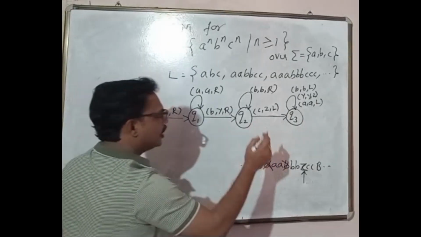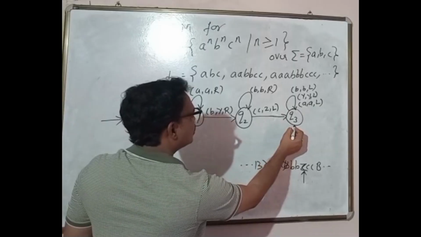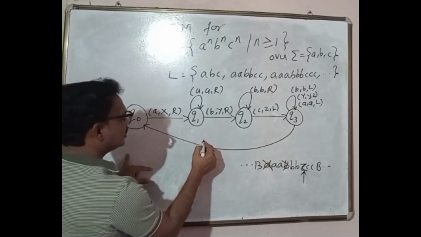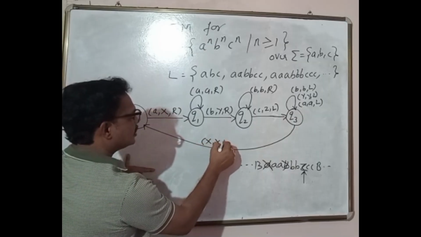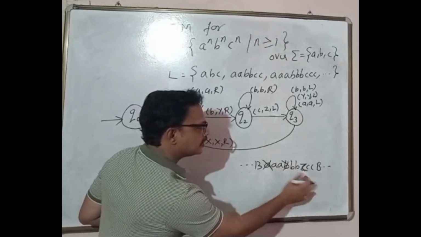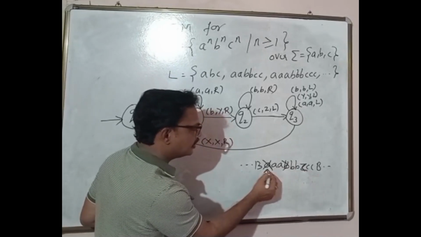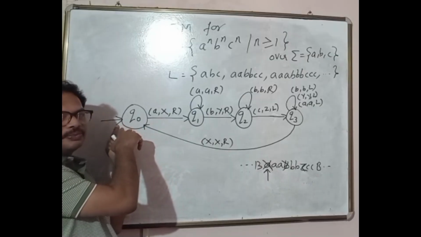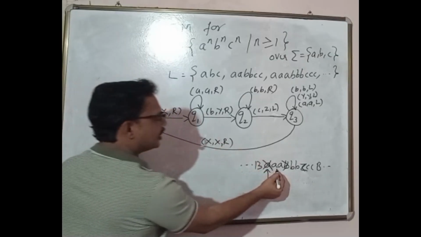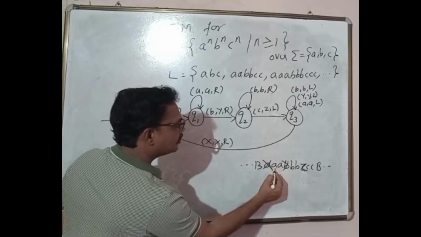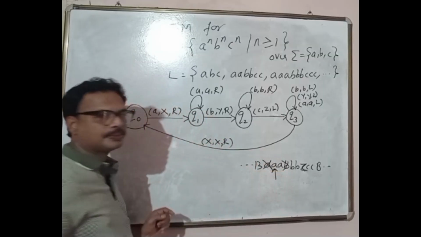Then we are supposed to bring it back to its initial state, that is X, X, R. So when the tape head comes here, we bring it back to its initial state. In this state, once again it reads A because it has shifted to the right. So now the tape head will be here.